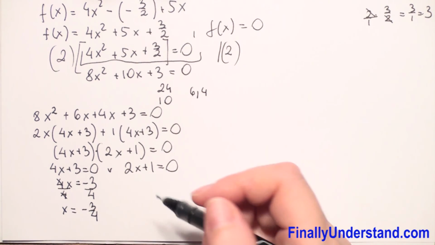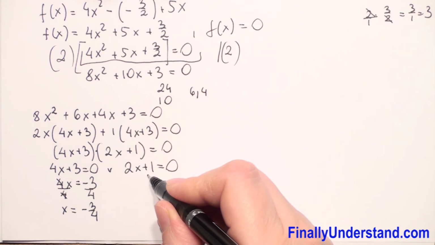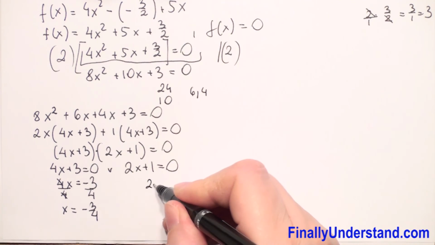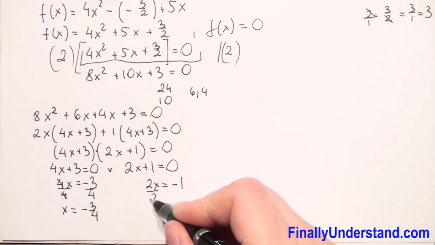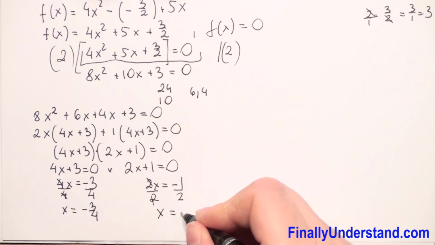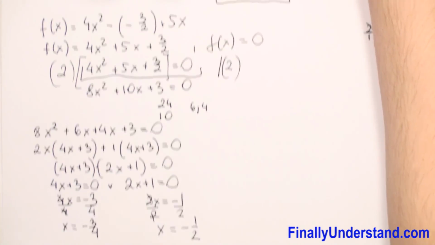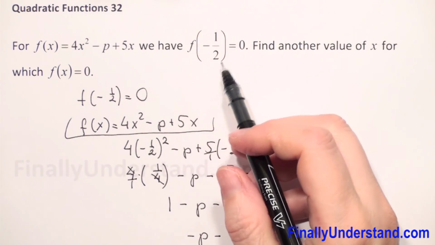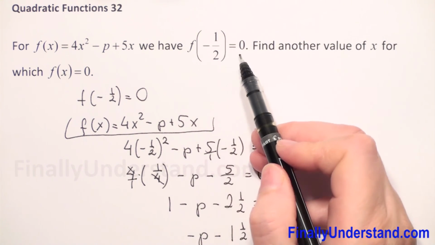And now we have 2x plus 1 equals 0. I will move positive 1 to the right side, so it will be 2x is equal to negative 1. Now when I divide both sides by 2, 2 and 2 reduce, and we have x is equal to negative 1/2. We already knew that for x equals negative 1/2 our function is 0.